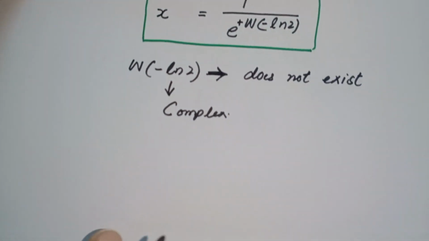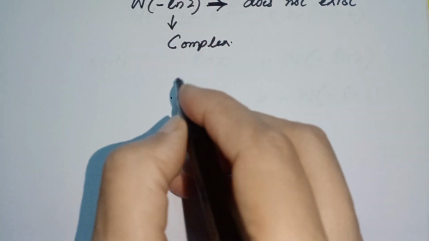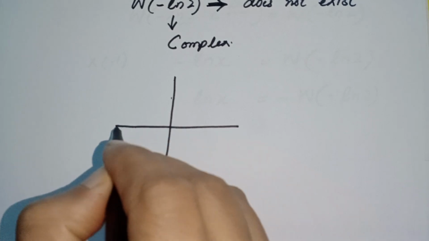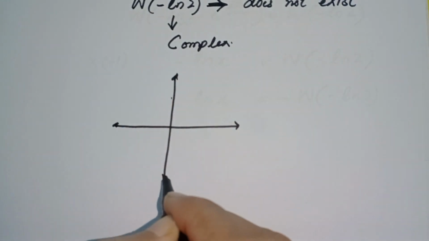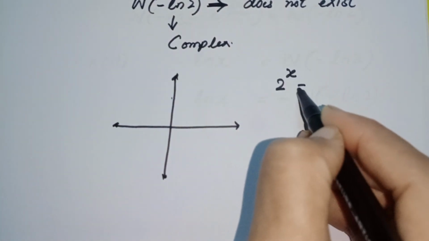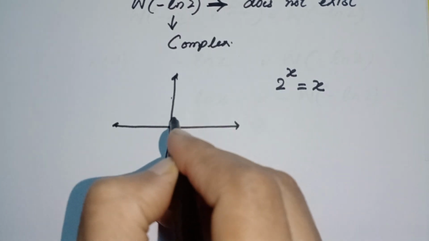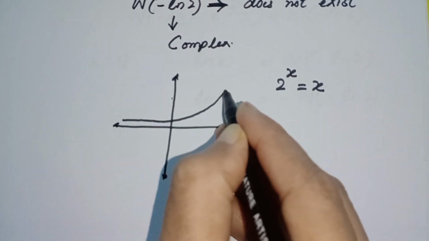Geometrically, we will draw the graph of the exponential equation. Y-axis, x-axis. The exponential equation is 2 to the power x is equal to x. For the exponential function, the graph is like this.